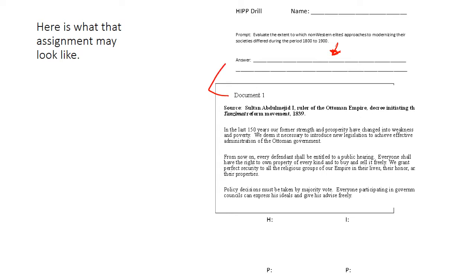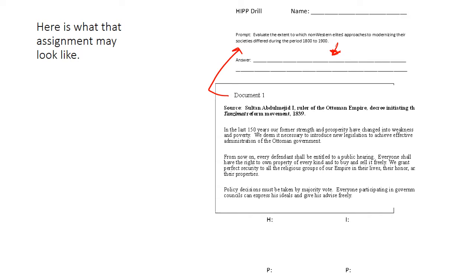If I'm a teacher, I'm going to do that, and if I'm a student, I'm going to ask, what's the prompt to this document? Documents don't sit out there in the world by themselves. There's a reason why they're there. There's a reason why these people spoke and said and did the things they did. So understand that. Again, it'll get you out of the habit of just history dropping and moving on. We'll talk about that in a minute. But we'll talk about this prompt and the answer to it.